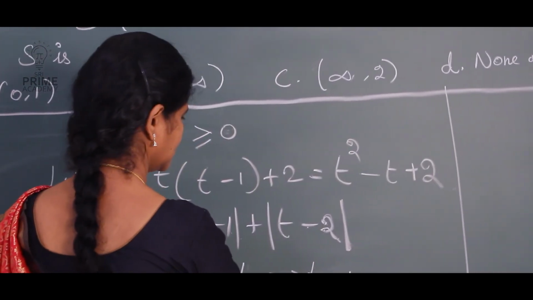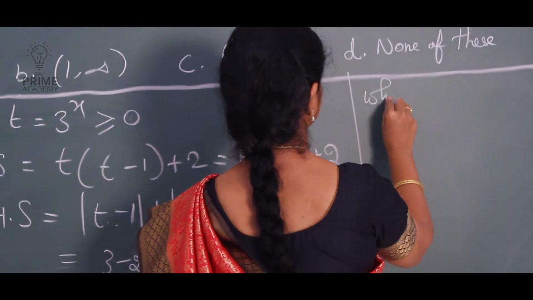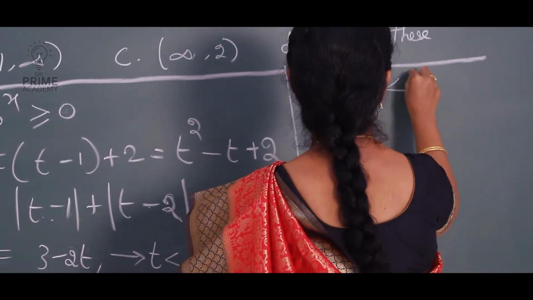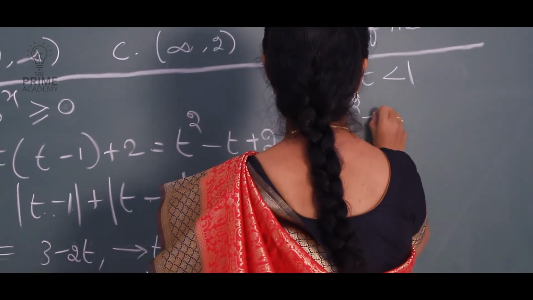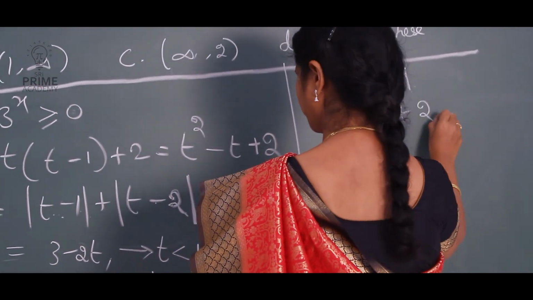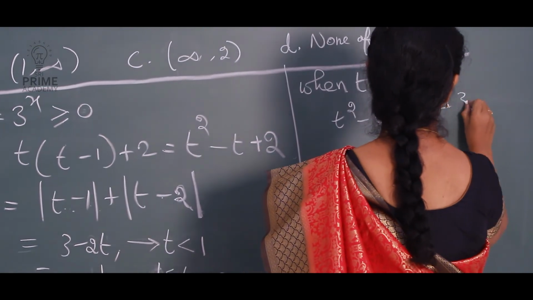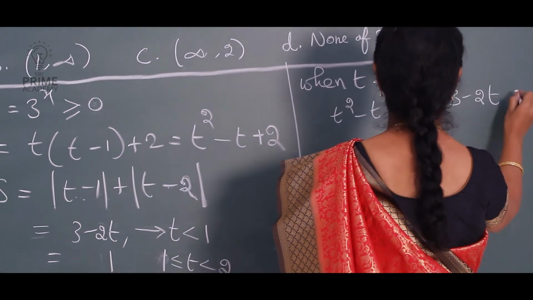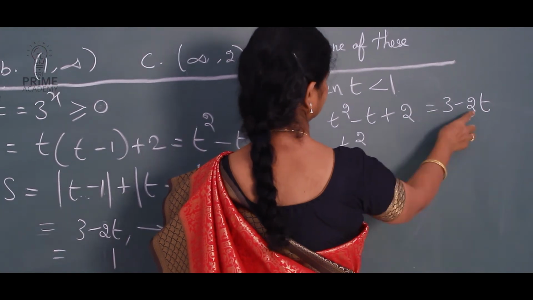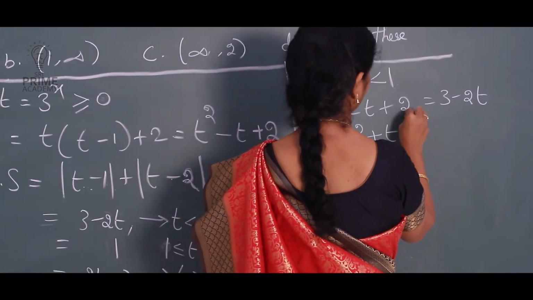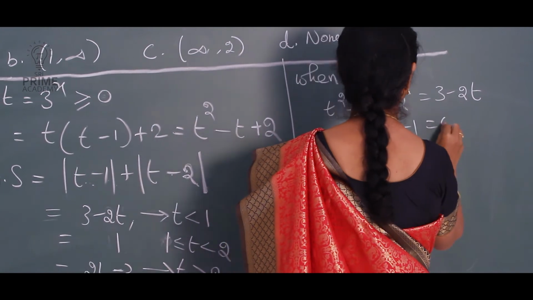First, use this when t less than 1. Substitute this one: t square minus t plus 2 equal to 3 minus 2t. So simplify: t square, bring this term over, plus 2t, so plus t, 2 minus 3, minus 1 equal to 0.